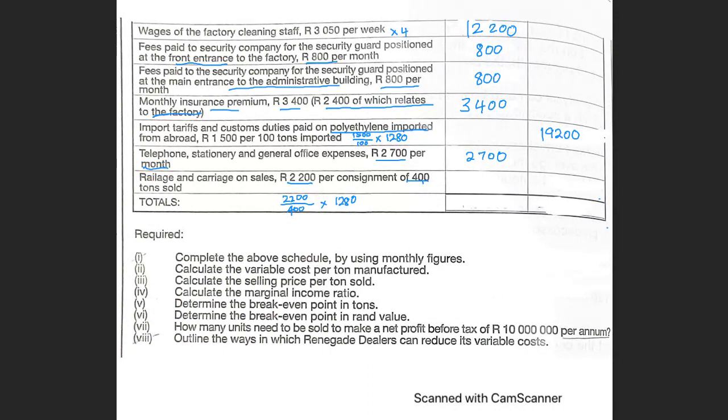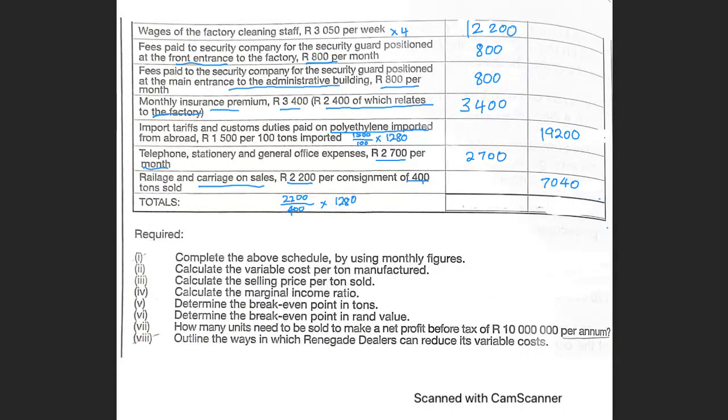So this gives you a value of 7,040, and this is based on carriage on sale. So the more we produce, the more we sell. The less we produce, the less we sell, and that would accordingly affect our railage and carriage. So it will be variable in nature.